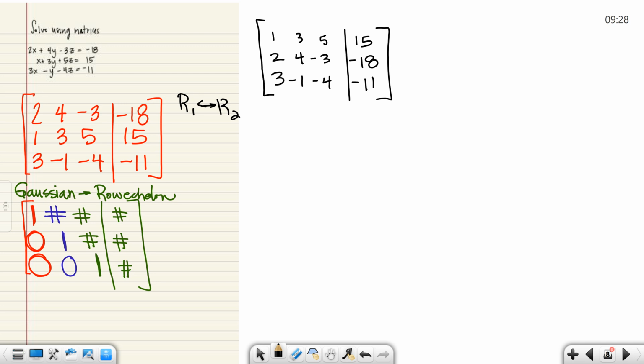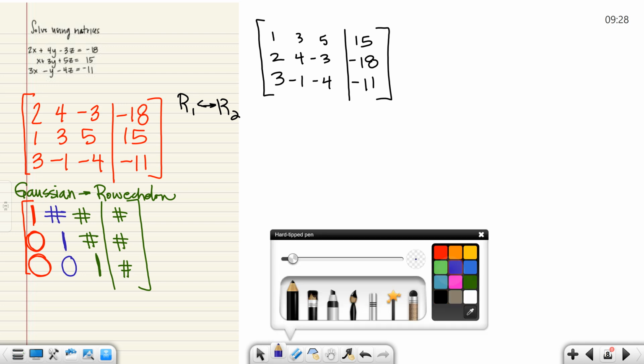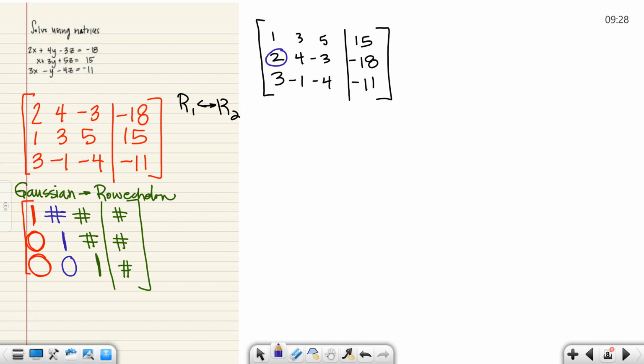Okay, the next thing I want to do is get rid of this guy right here. So to get rid of a 2, I need a negative 2, right? So I'm going to take that 1 in the top, and I'm going to multiply it by negative 2. I'm going to add it to row 2, and remember that's going to give me a new row 2.